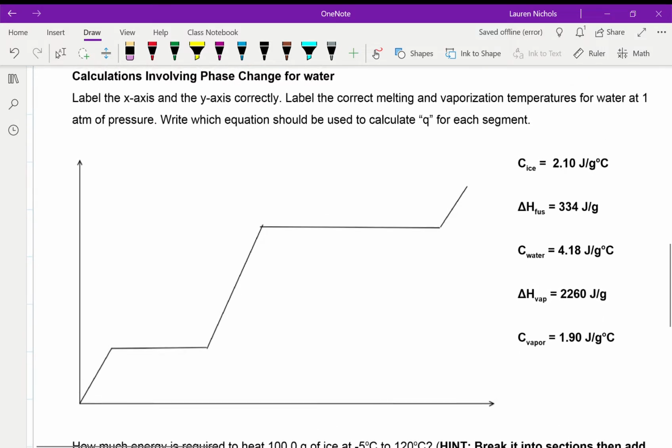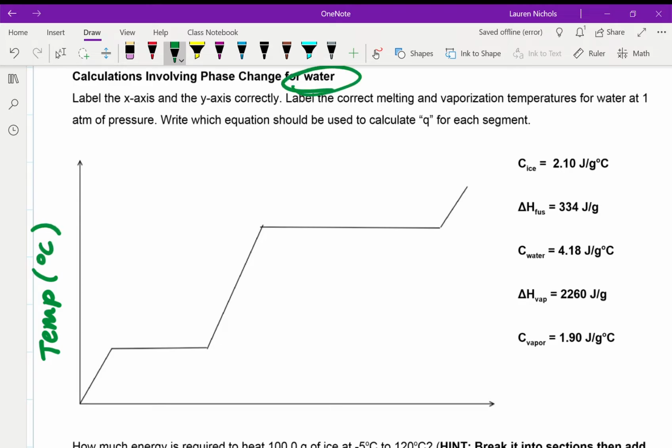So if this is a heating curve, because we see that the curve is heating up, we want to label our x and y axis. So we know that our y-axis is going to be temperature measured in degrees Celsius. And we know that since it says it's for water, that means this segment has to be happening at 0 degrees Celsius.